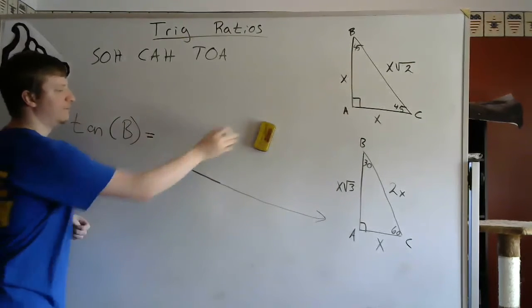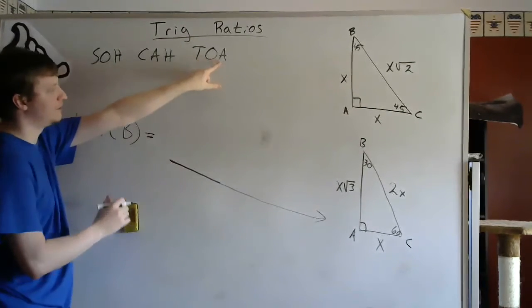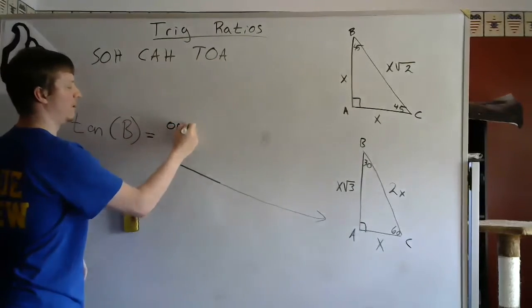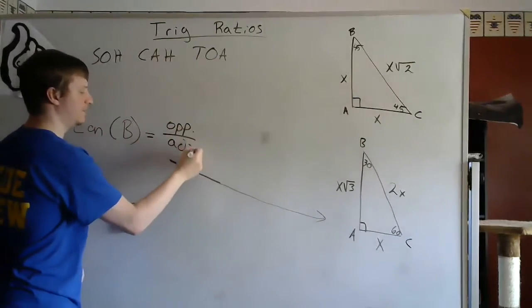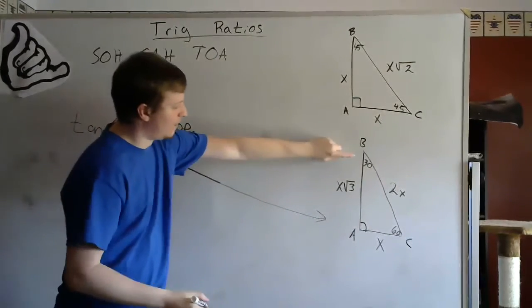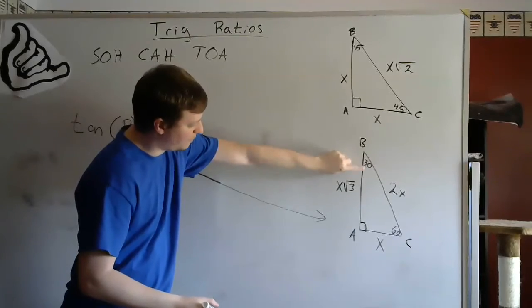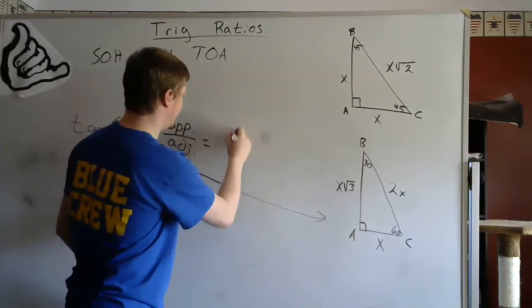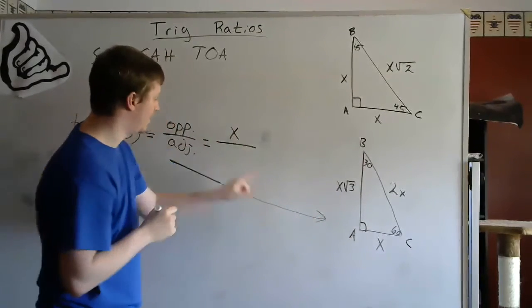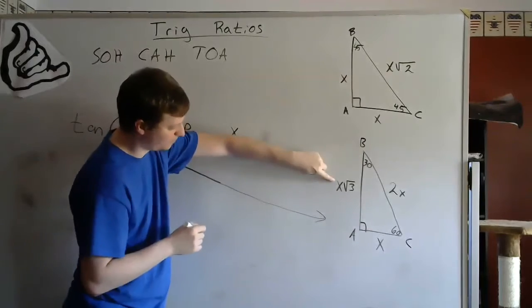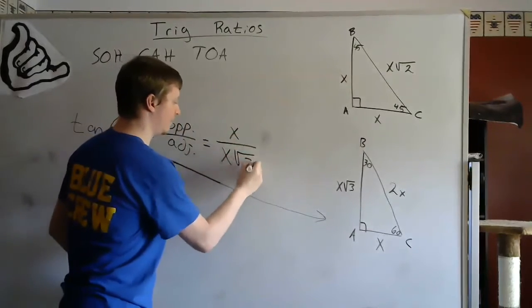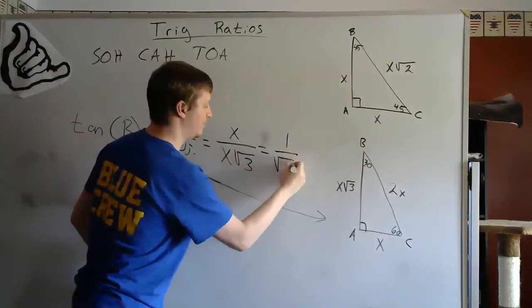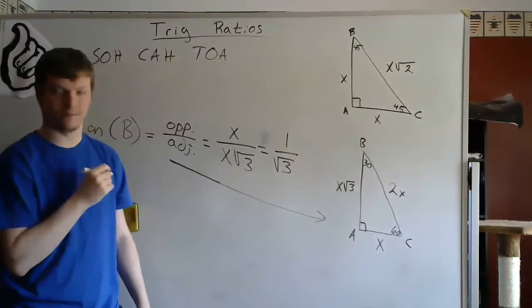So the tangent of B, tangent is opposite over adjacent. Opposite the angle B, we've got an x. Adjacent to angle B, we have x times square root of 3. Simplifies to 1 over square root of 3.